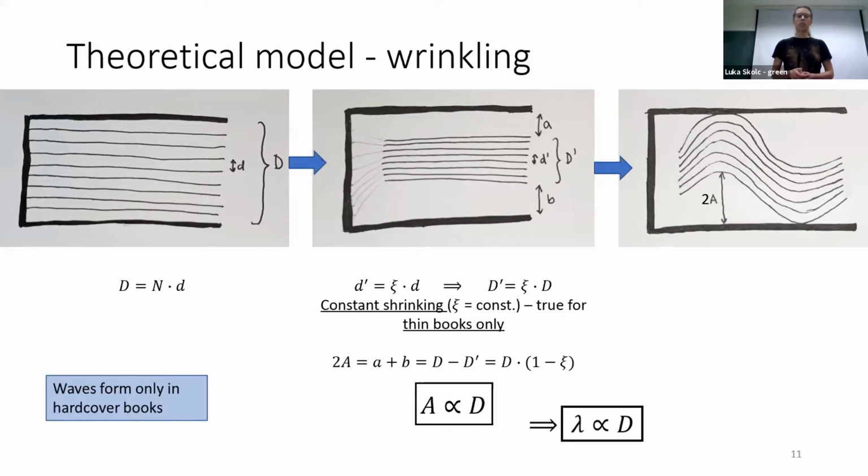As this is just the difference between the initial thickness of a book and the final thickness of paper, we can see that amplitude is proportional to thickness of a book. And since amplitude is proportional to wavelength, also wavelength is proportional to thickness of a book. Just a remark here that this constant shrinking holds only for thin books, because it appears that material and thickness of pages is almost the same for all thin books.